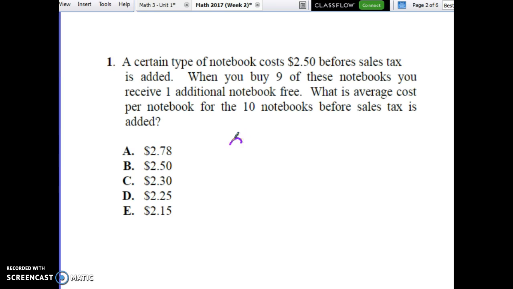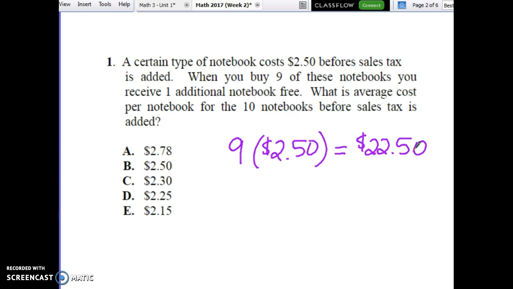So you're actually paying for 9 notebooks at the cost of $2.50 each. So when you multiply 9 by $2.50, you're paying a total of $22.50. But you're actually getting 10 notebooks.